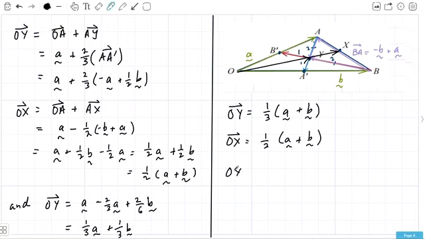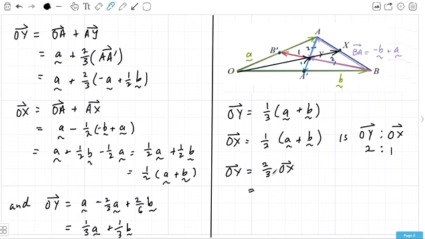So we want to show this: is O to Y equal to, as a ratio, O to X, 2 to 1? This is the same as saying, is this vector O to Y the same as 2/3 as long as O to X?